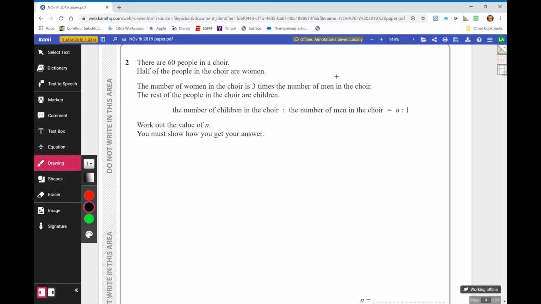Okay, so 60 people in the choir total, half of them are women, so 30 are women, so the other 30 must be men and children. And then it says the number of women in the choir is 3 times the number of men.